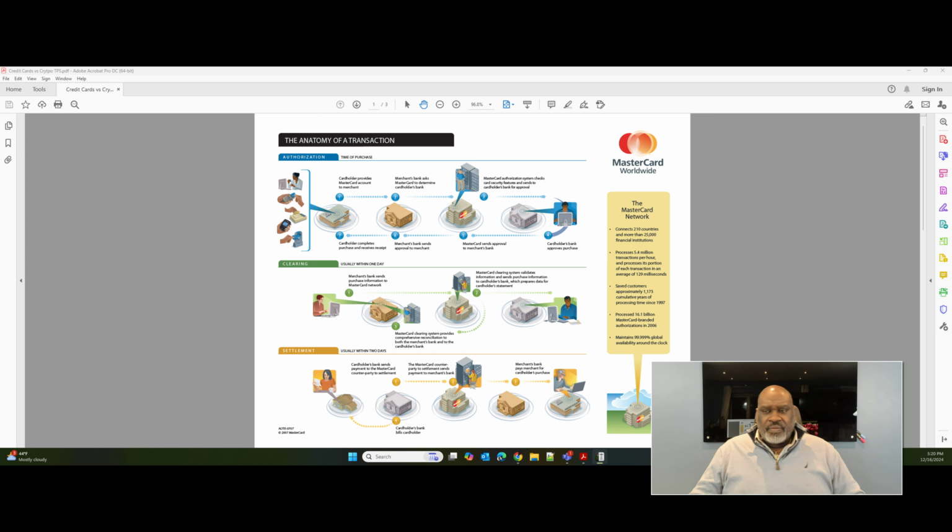So the first thing that happens is you go to a store or a website and you say, I want to buy something. Here's my credit card. You give that credit card number to the merchant. The merchant then sends that credit card information over to the credit card company, in this case, MasterCard, asking MasterCard, hey, can you find out the bank that's associated with this card and verify the information that's there?